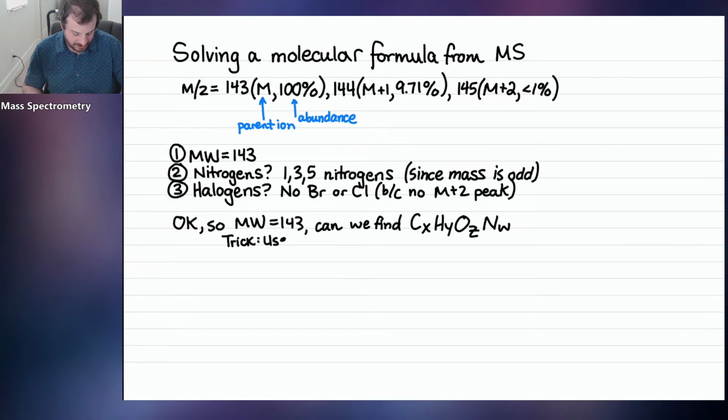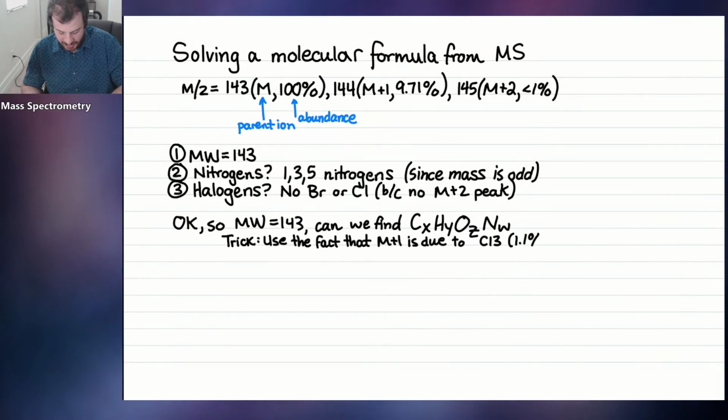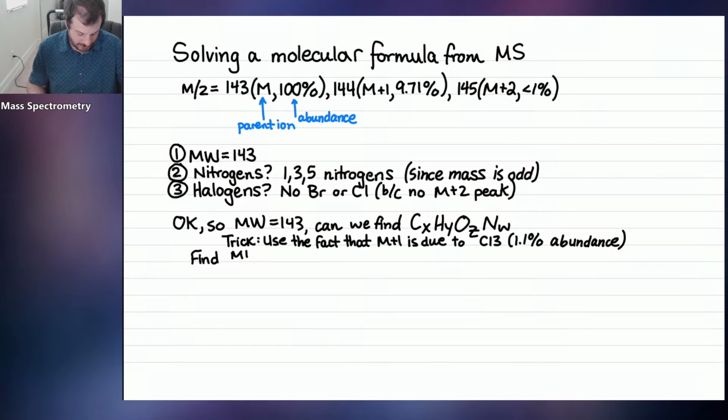Use the fact that M+1 is due to C13, carbon 13, that has 1.1% abundance. So we can find the M+1 to M ratio.